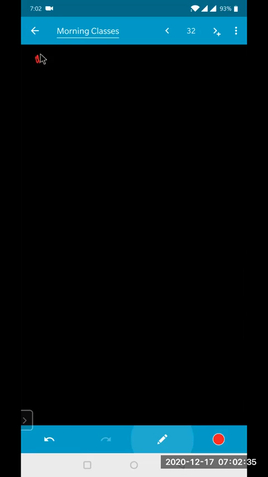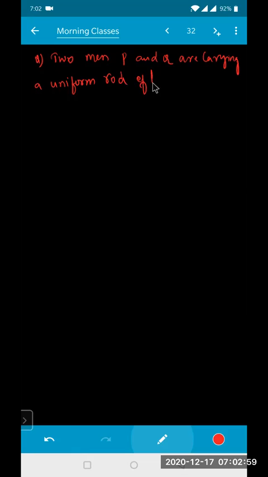See this question better. Two men P and Q are carrying a uniform rod of length capital L on their shoulders.